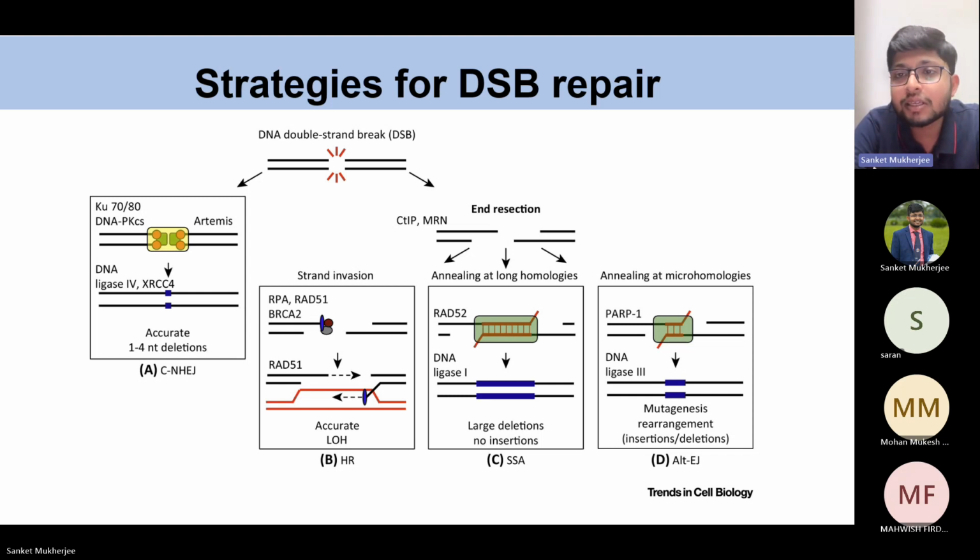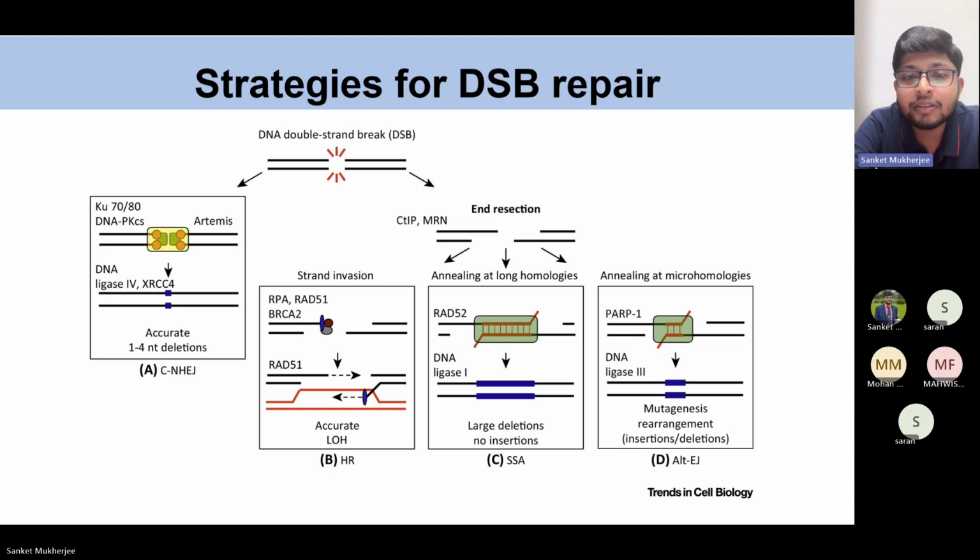Now, in homologous recombination, proteins like RAD51 and BRCA2 facilitate the process. Firstly, the ends are resected. Let's say this is the 5' end, this is the 3' end, and similarly here, 3' end and 5' end.